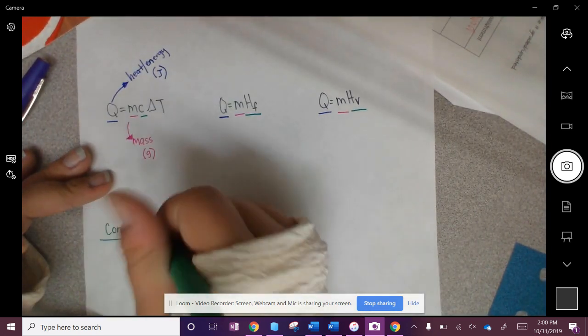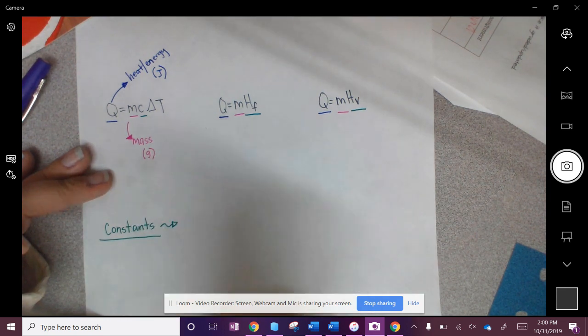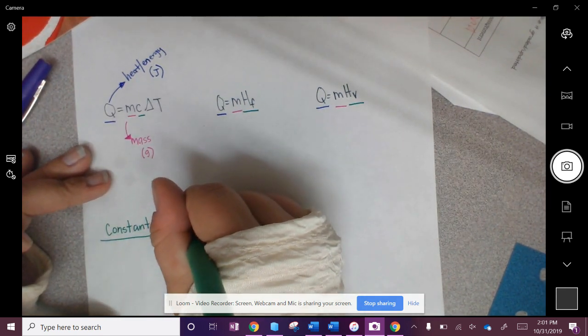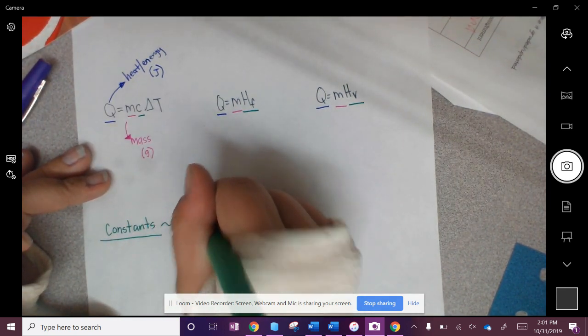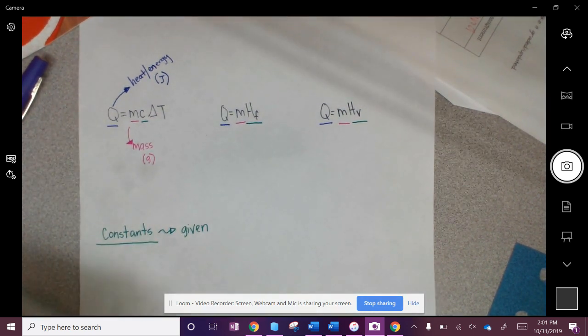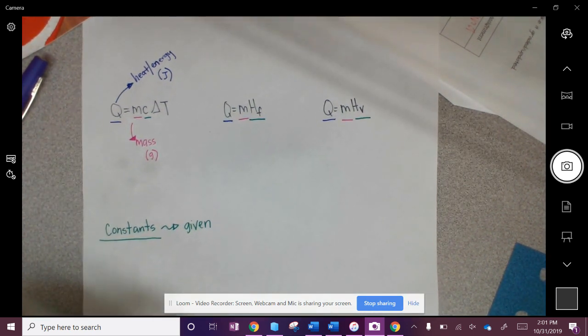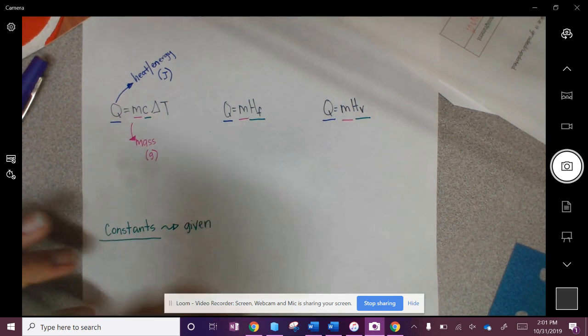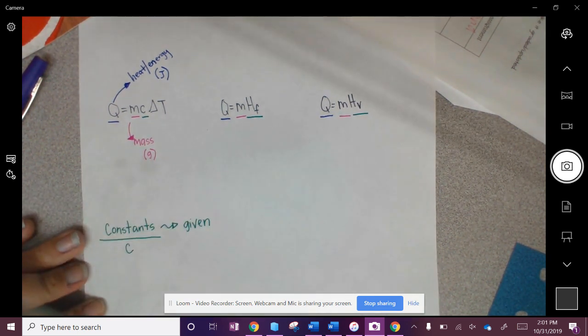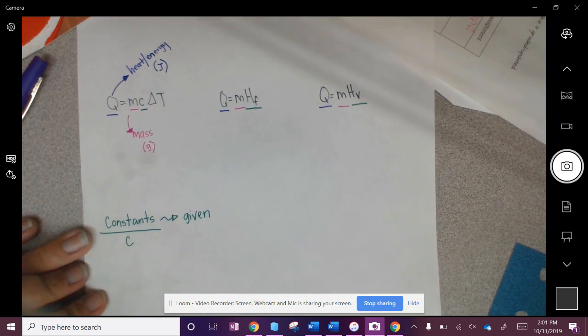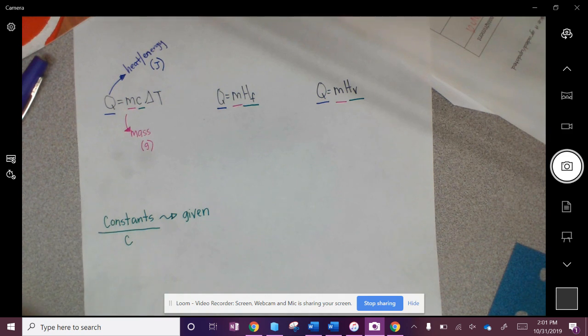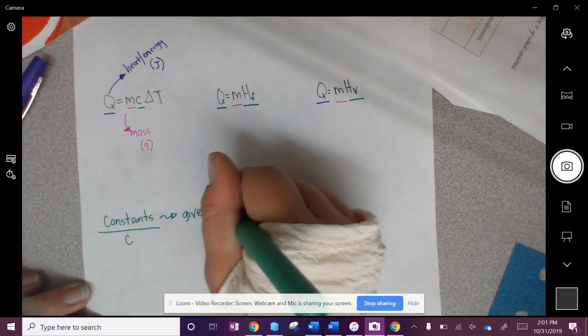What that means is you will 99% of the time be given these values either on the piece of paper that you're doing or on the board. Somewhere these values have to be given to you. You are not responsible for memorizing them. And if they're not given, then you can Google. So given or Google.